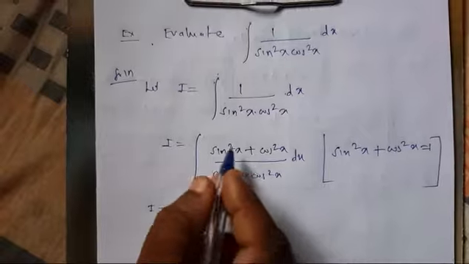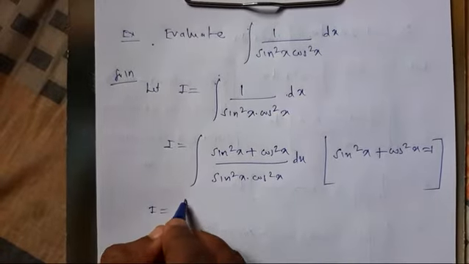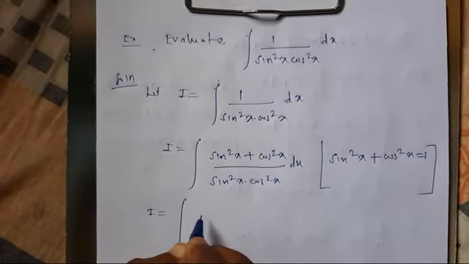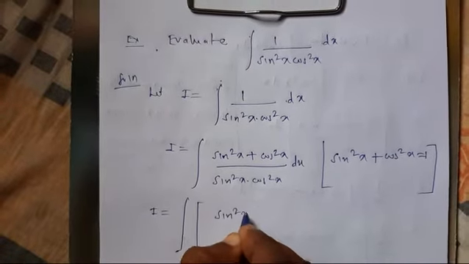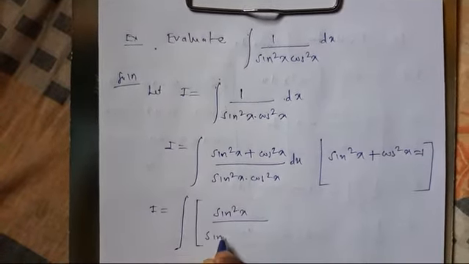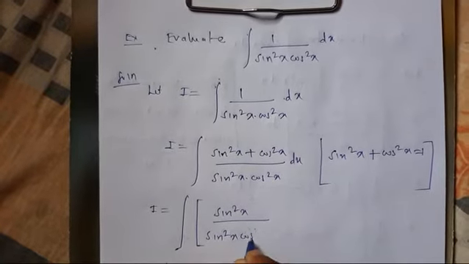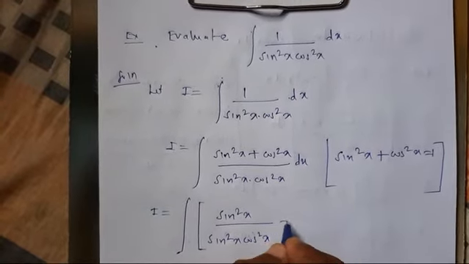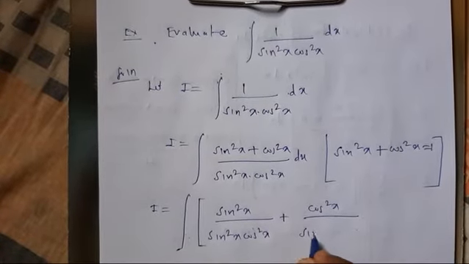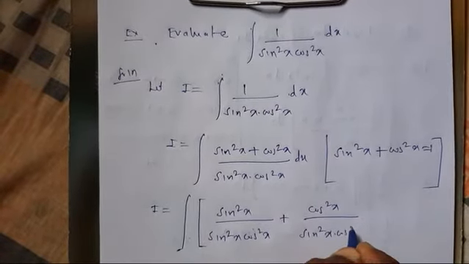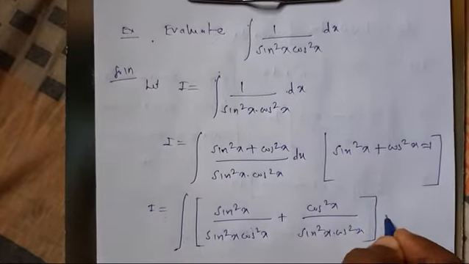I is equal to, now we'll split this one: sin square x upon sin square x into cos square x, plus cos square x upon sin square x into cos square of x, into dx.